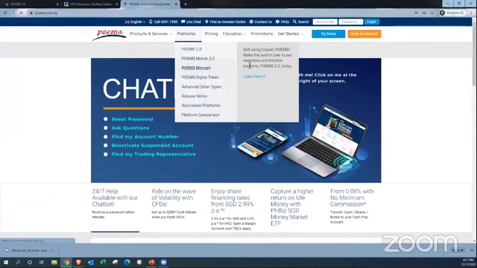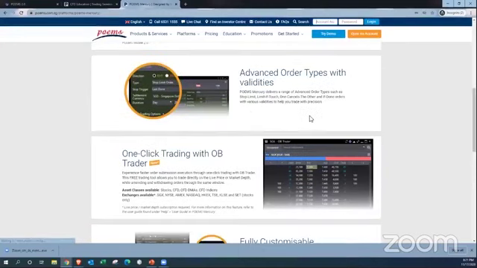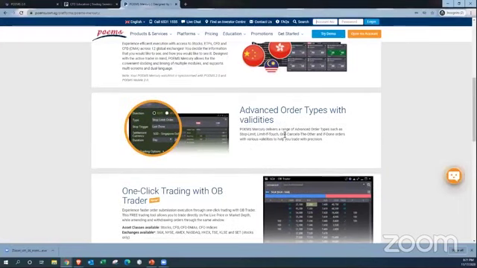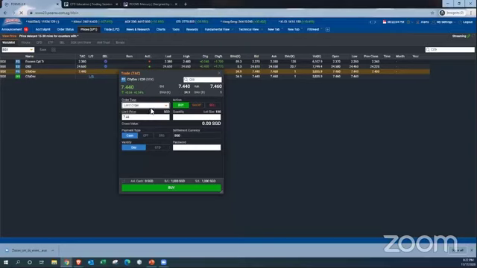Points Mercury will give you more advanced order types. However, I would say that Mercury may not be suitable for everyone, because it requires a desktop, whereas you can trade on mobile with CFD with all these advanced order types. So there are some differences. For the Points platform, you only have limit orders.